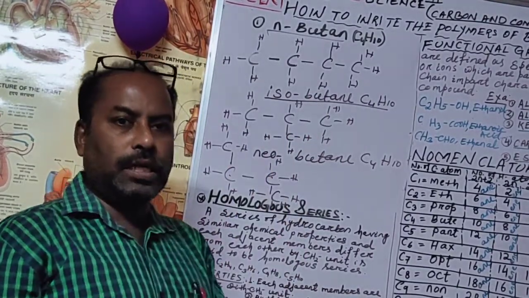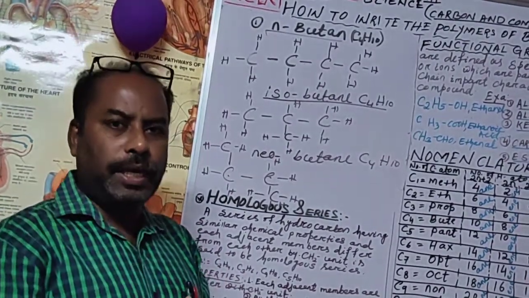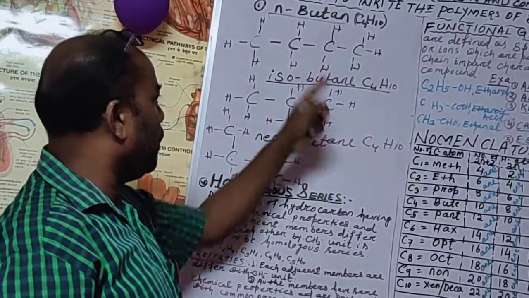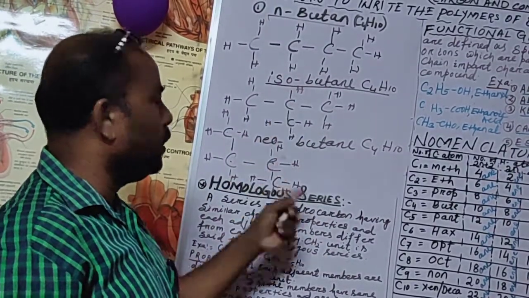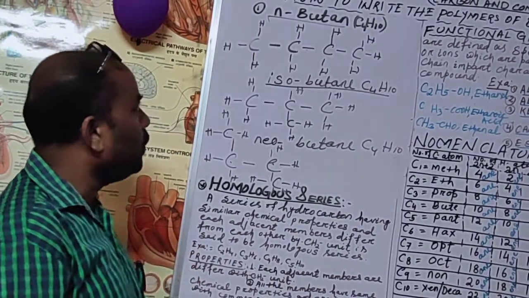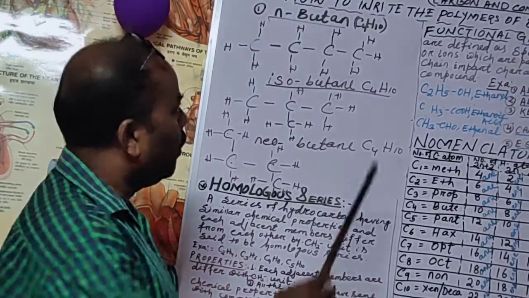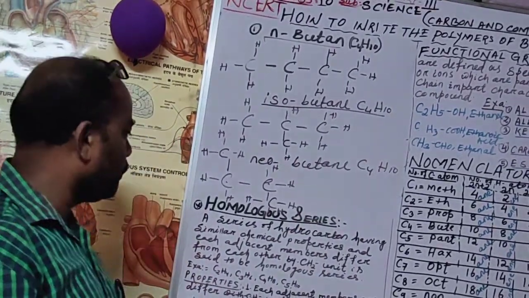Similarly, you can go for pentane also, that is N-pentane, isopentane, then neopentane. So this is isomerism, the polymerization of butane.